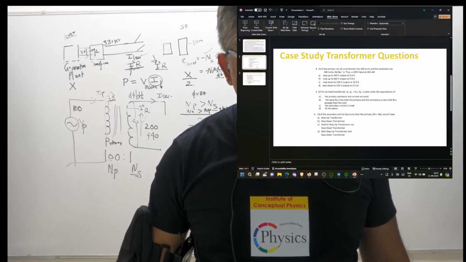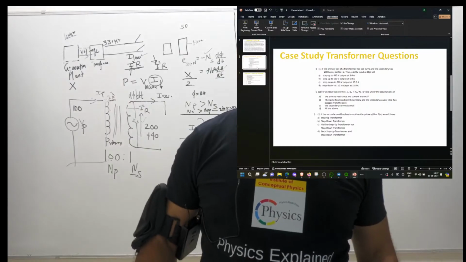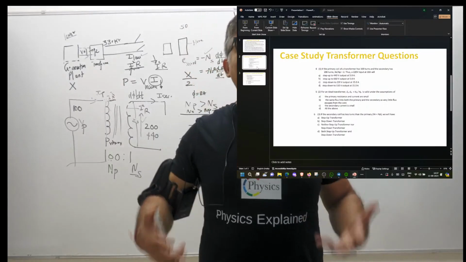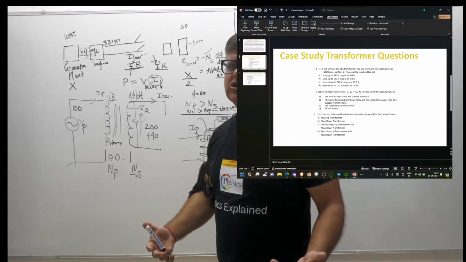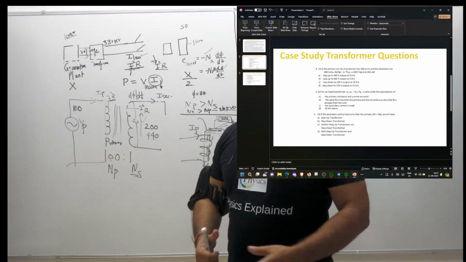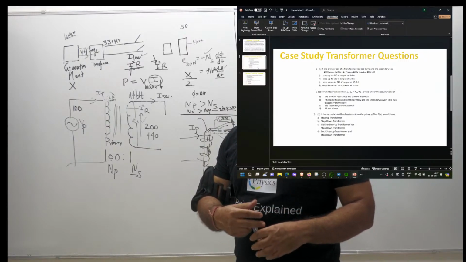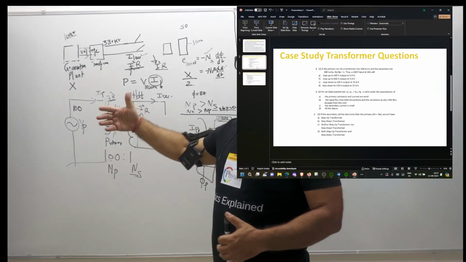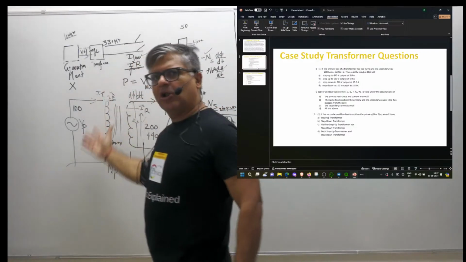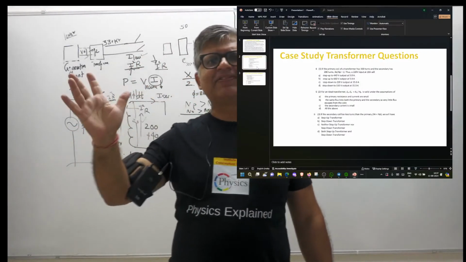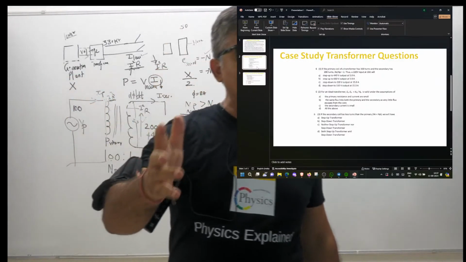Let's talk about the third. The secondary current is small. Again, secondary current is not in our control. It depends purely on what type of transformer we are talking about. In the previous question we did, we never said 10 amperes was a small current, right? So I disagree with this statement about the secondary current.